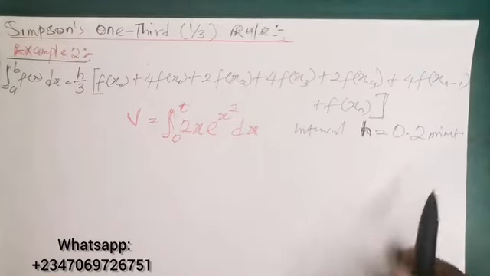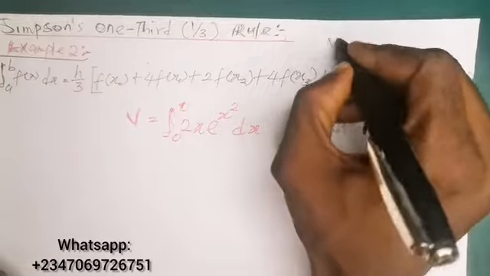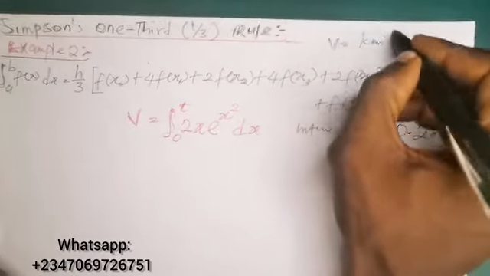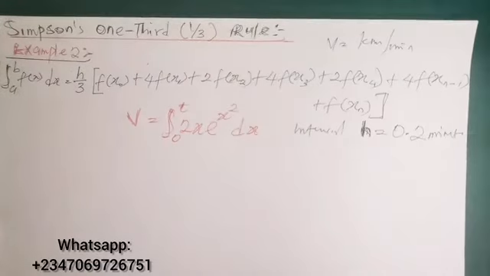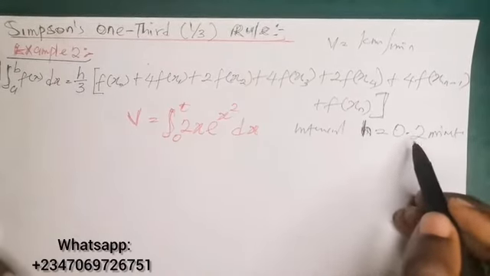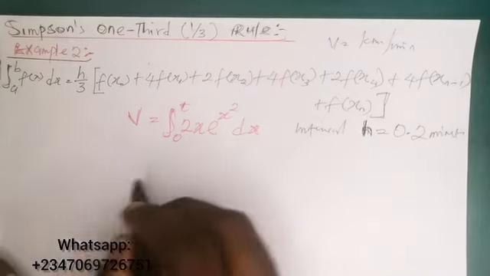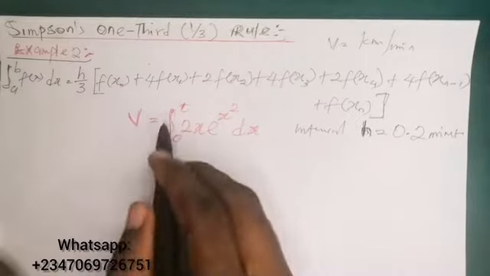Now we are not converting since the velocity is also expressed in kilometer per minute. The velocity is actually in kilometer per minute, so no need to convert yet. So our interval h, or the width, is simply 0.2 minutes. Now the maximum time frame is the upper limit.